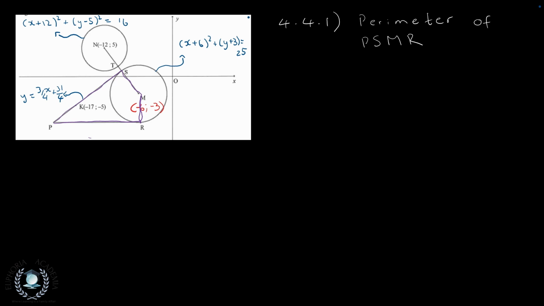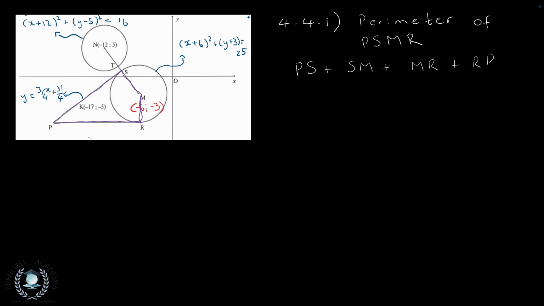We need to find the perimeter, and a perimeter means that we have to find the distances of all those sides and then add them together. So essentially we need to have PS plus SM plus MR plus RP.